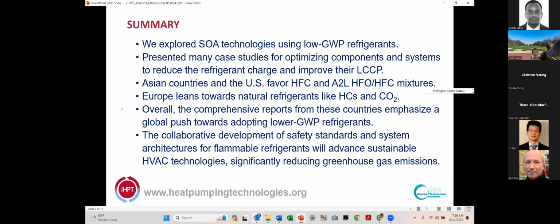Europe leans towards the natural refrigerant like hydrocarbons and CO2, so that you can hear many of these projects. Overall, the comprehensive report from these countries emphasizes the global push toward adopting lower global warming potential refrigerant. The collaborative development of safety standards and system architectures for flammable refrigerant will advance sustainable HVAC technologies, significantly reducing greenhouse gas emissions.